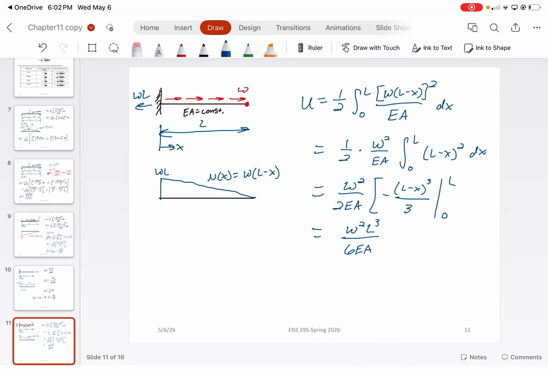Now, what if we wanted to find the max displacement at the free end? Now it's a little confusing, right? What would the total work be? Well, we would still have 1/2.